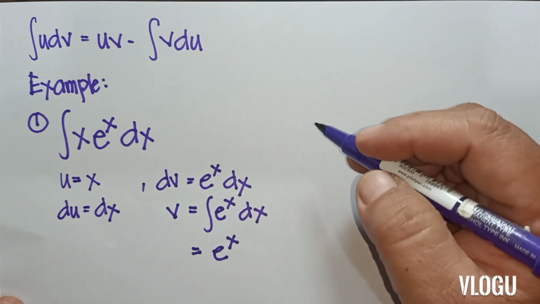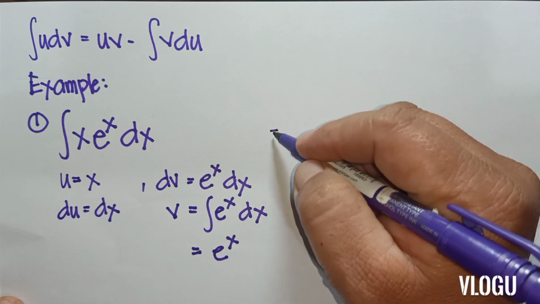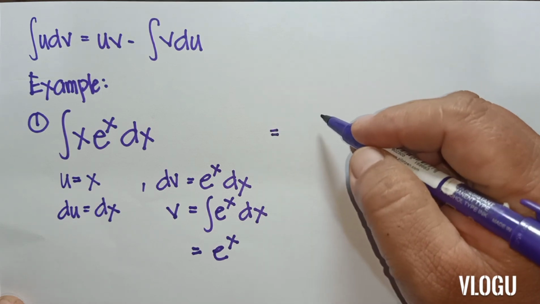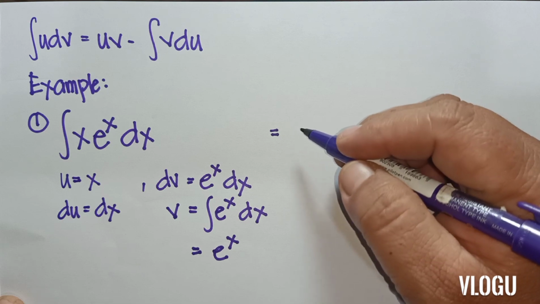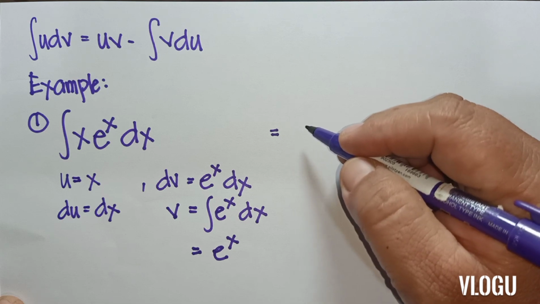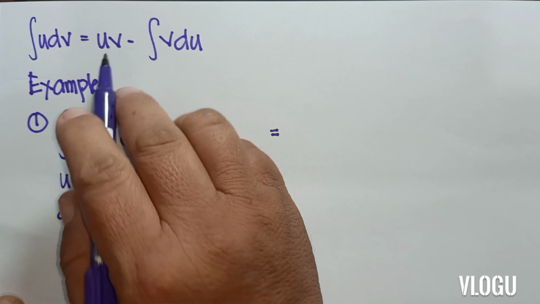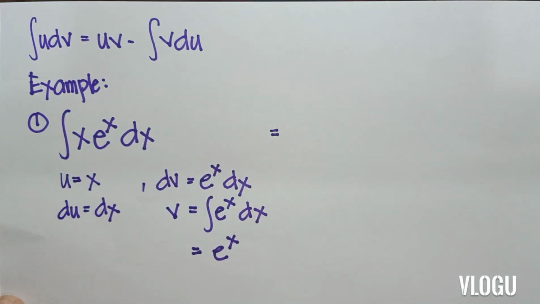Our form will be the integral of x e to the x dx. So we will just follow this formula: uv minus the integral of v du.